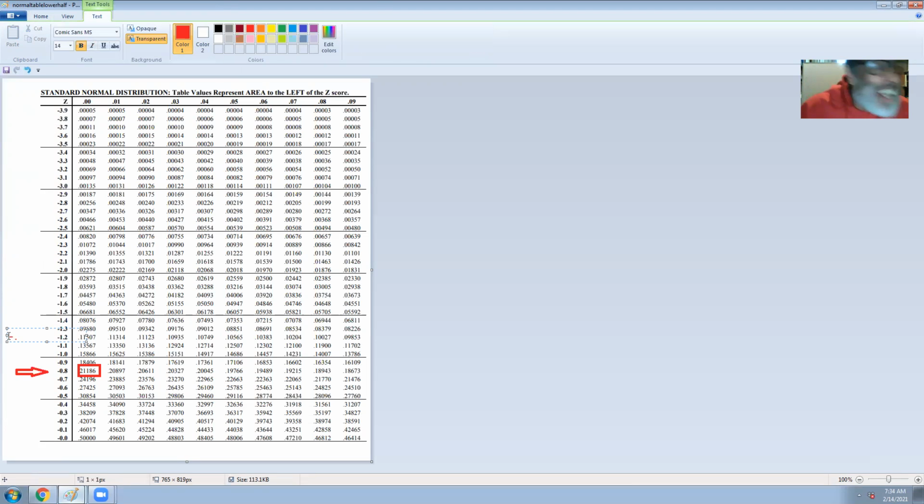Minus 0.80 is our closest entry. The other one, 0.79, is a little bit further away, so we're going to go with 0.21186.